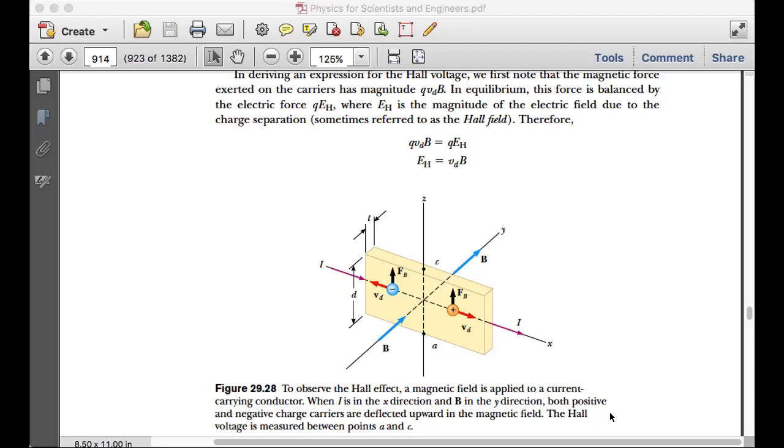So the current itself we could see as the source of the magnetic field, according to the so-called Biot-Savart law, 29.1. The Biot-Savart law states that the current can produce a magnetic field.